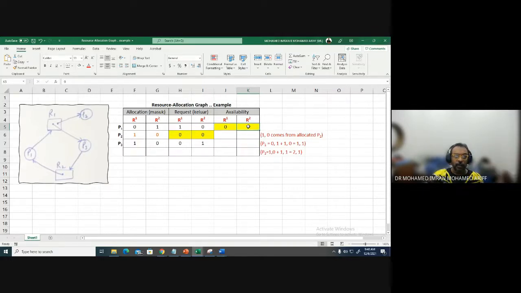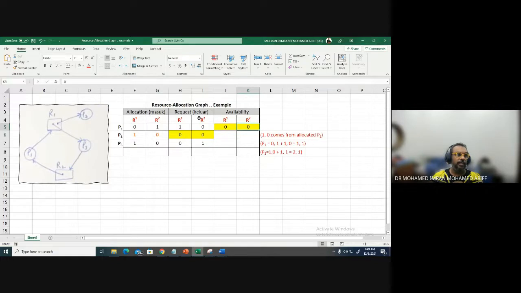Okay, so now you have to determine which sequence is the best. Maksudnya which one we nak jalan dulu. P1 ke, P2 ke, P3 ke, what is the sequence we have to do. So the operating system will determine which process will go first, second and third. Sebabnya kalau proses lain jalan dulu, it might be a deadlock. So dia kena ikut sequence dulu.